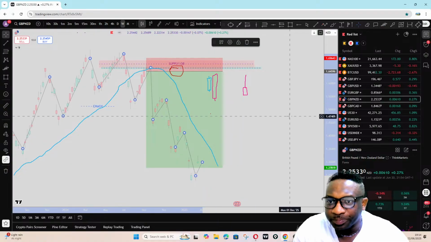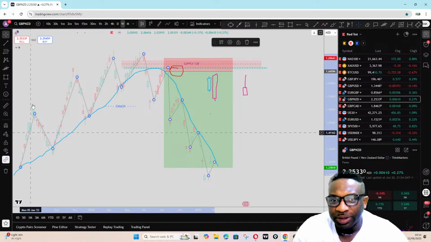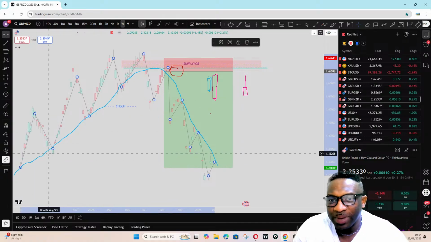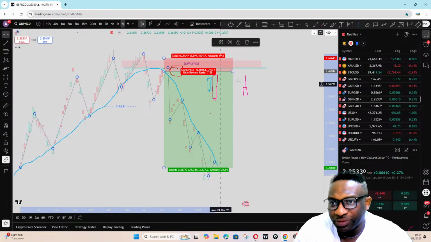So this is how price normally moves. So it makes a high, it pulls back. So from this point on, this is how I was trying to explain to you.